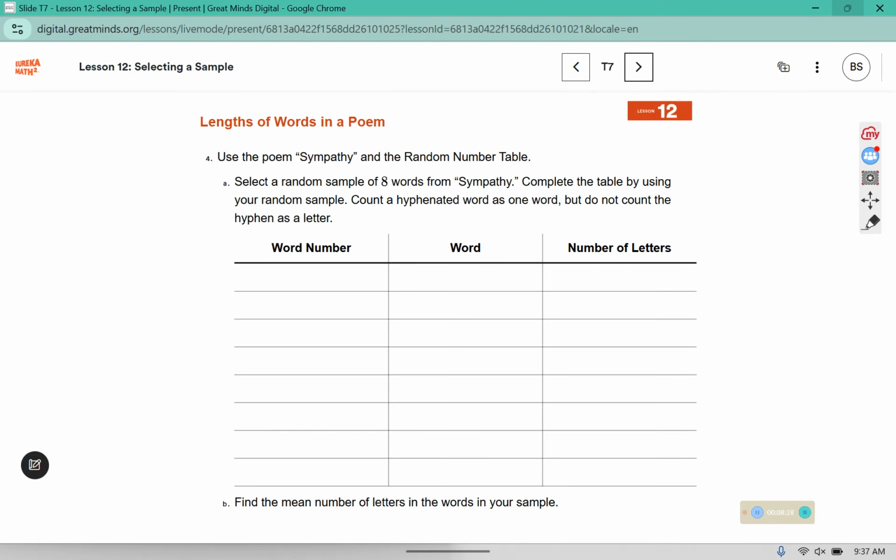Now we're going to use a random sample from the poem to help us. With this random sample, we should get closer to the actual typical or mean number of letters in the words of the whole poem.